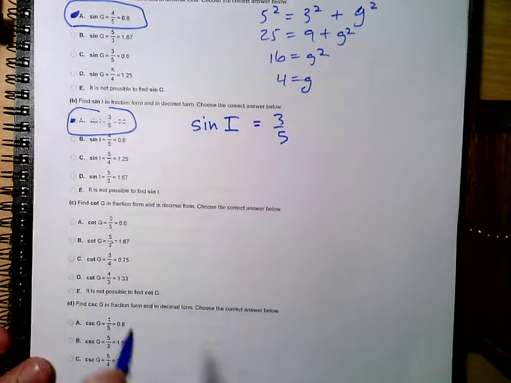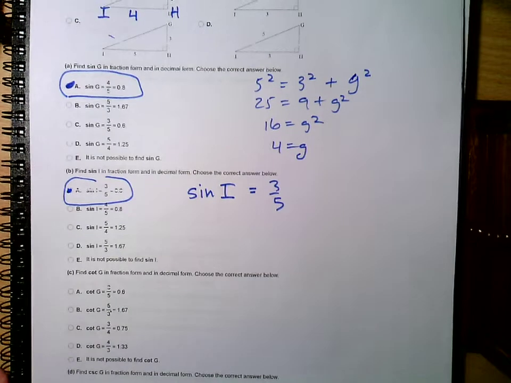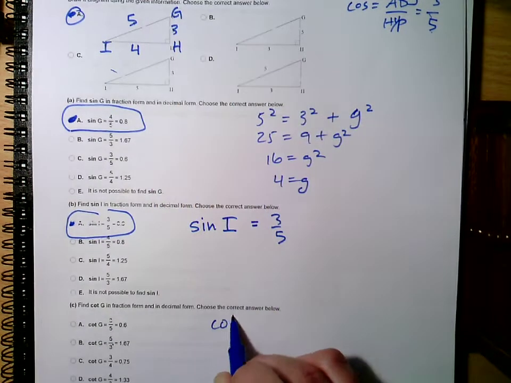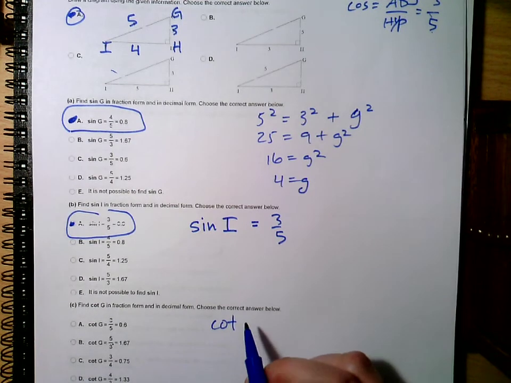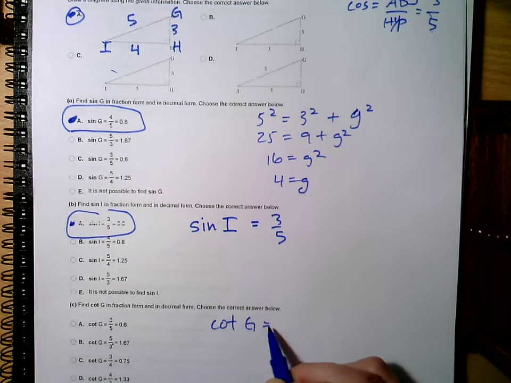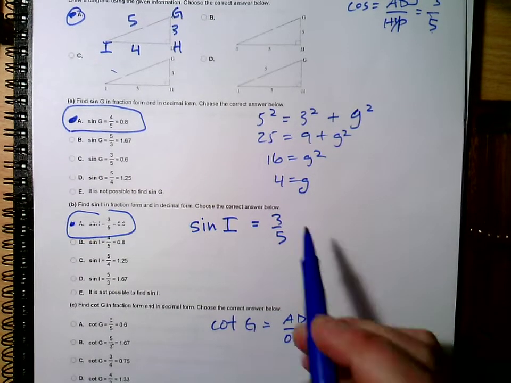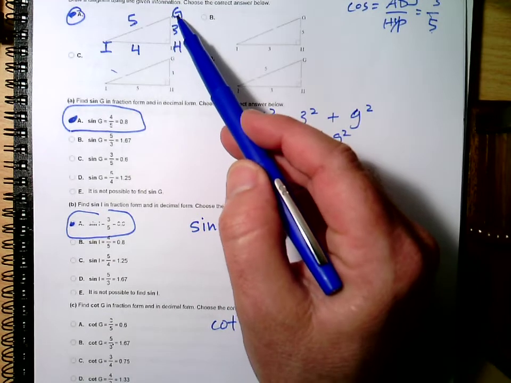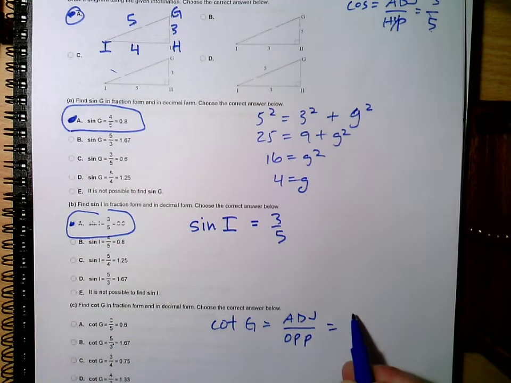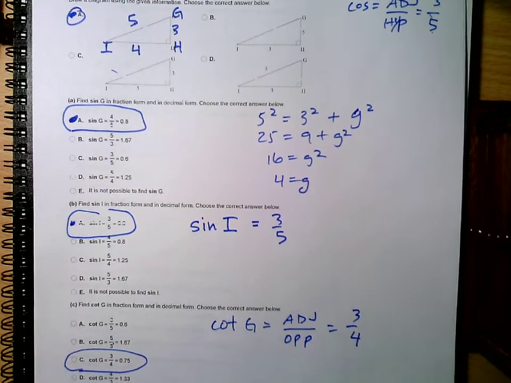Moving on, find cotangent of G. We'll do it a quick way. If tangent is opposite over adjacent, then cotangent is adjacent over opposite. Adjacent to G is 3, opposite to G is 4, so this is going to be 3 over 4, which is C right there.